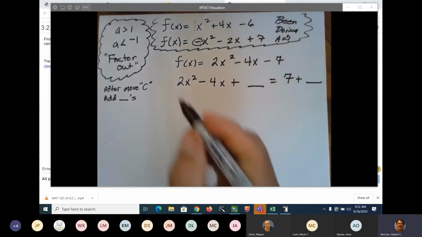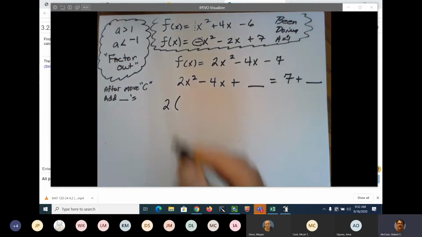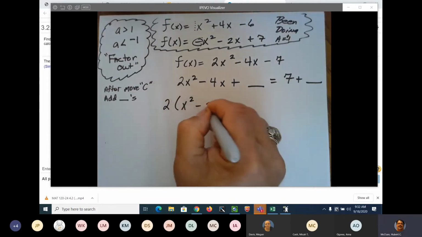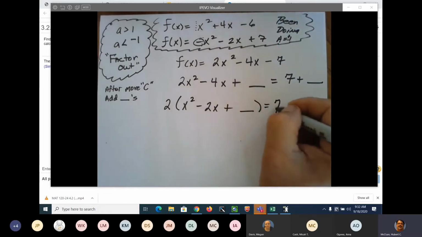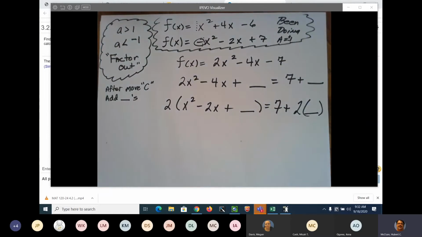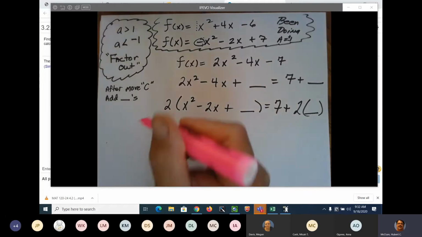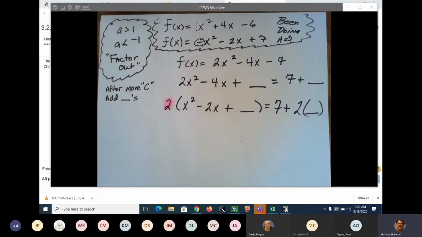So I'm going to factor out a 2. That's going to give me x squared minus 2x plus blank is equal to 7 plus 2 times blank. And I'm going to take my handy dandy red highlighter and color that 2. Whatever I factor out here, it goes with this blank over here.